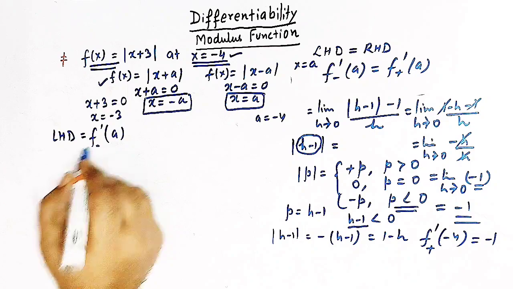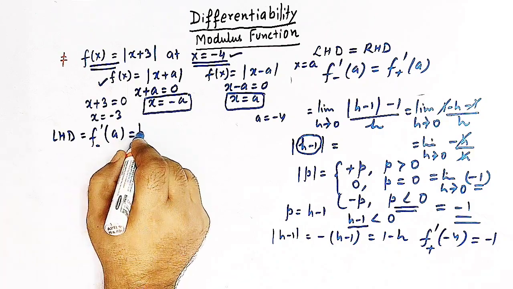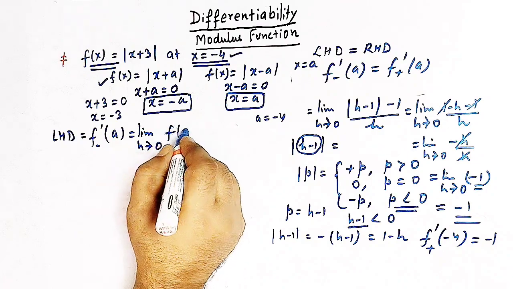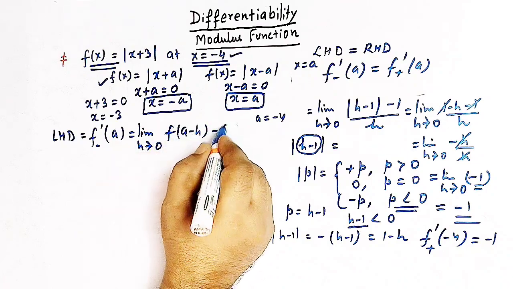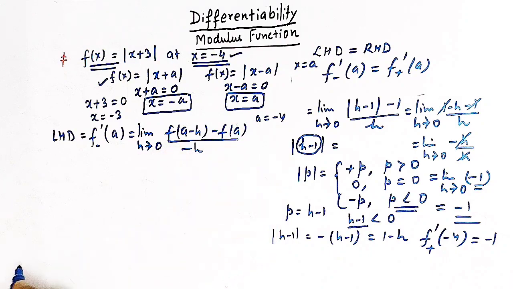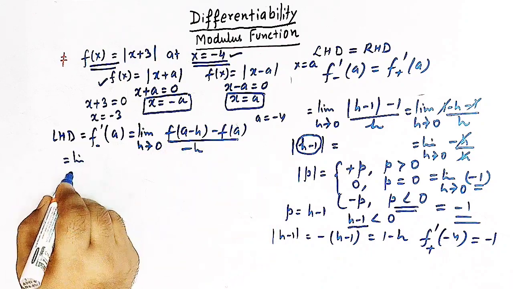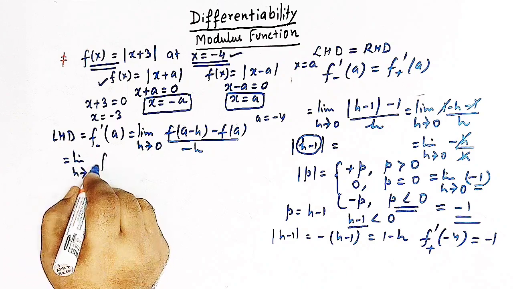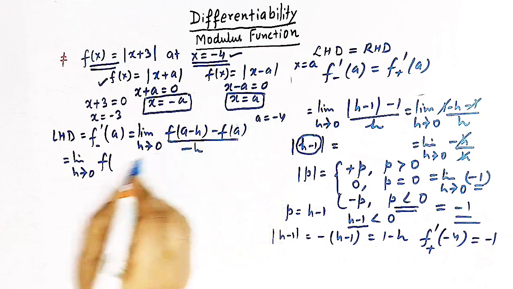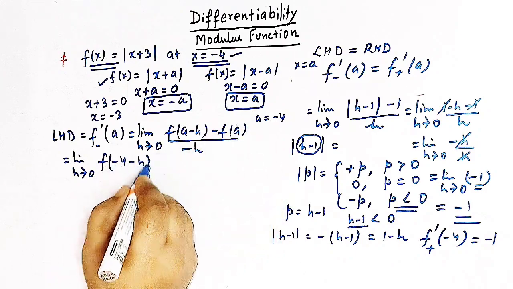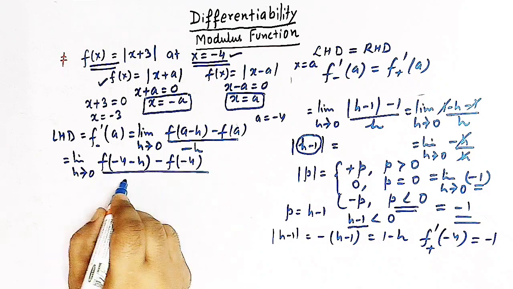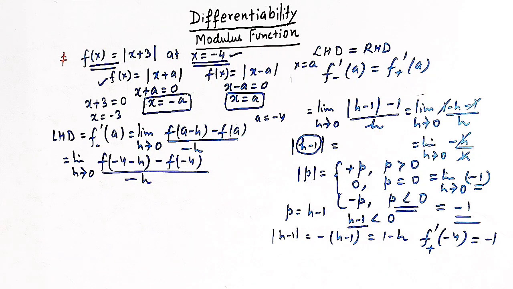Here we put a negative sign, and this is given by the limit h tends to 0 of f of a minus h minus f of a, divided by minus h, right? So this is limit h tends to 0, f of a can be replaced by minus 4. This is f of minus 4 minus h minus f of minus 4, divided by minus h, right?